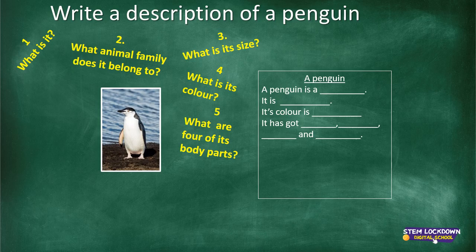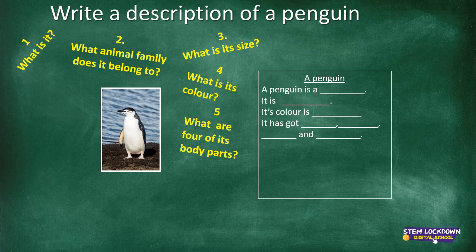Choose 4 of those body parts and write them down. You got that? It has got something, comma, something, comma, something, and something. Right, are you writing fast?